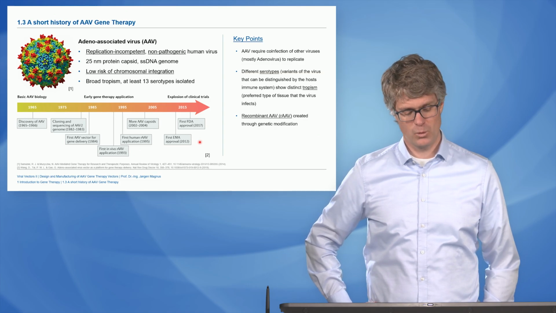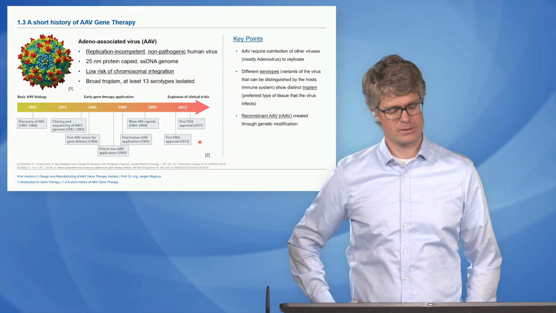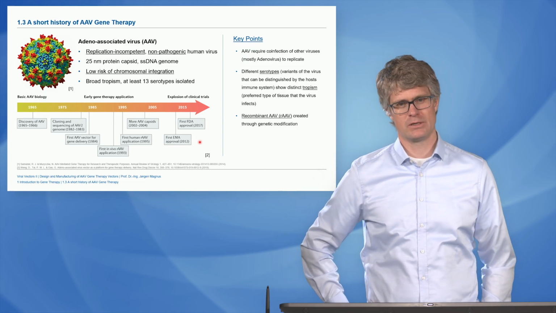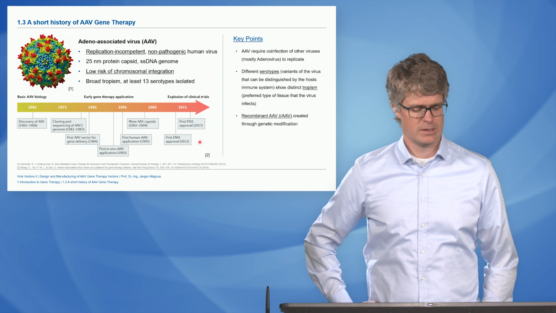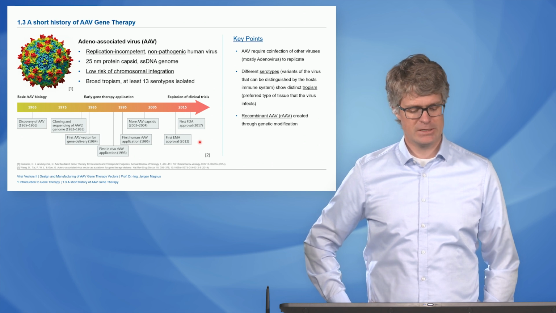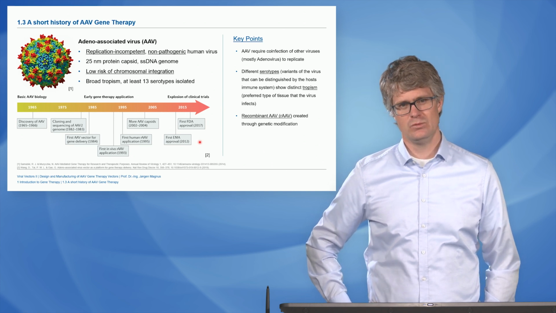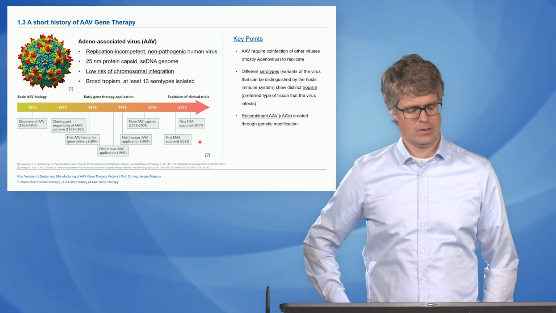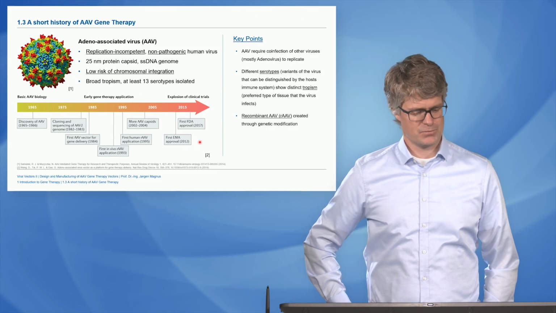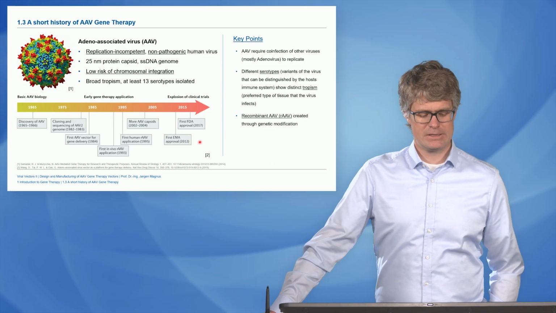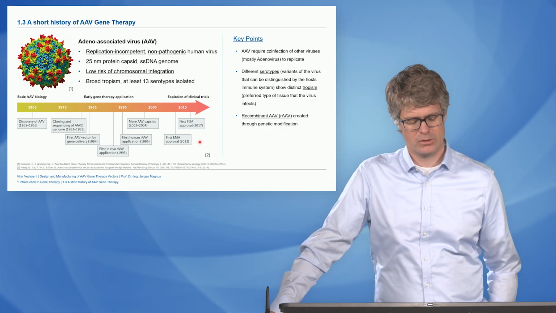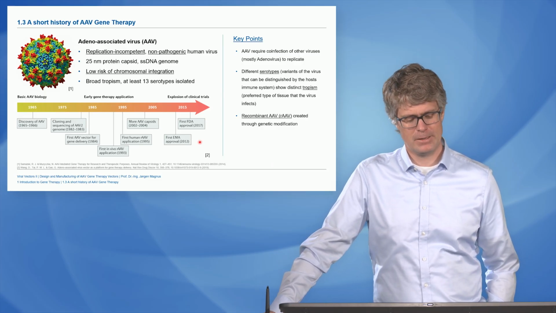And they are very, very small. It depends a little bit on the serotype, but they can be between 22 and 28 nanometers big. They have a single-stranded DNA genome, and there's a low risk of chromosomal integration. This has been observed in mice.